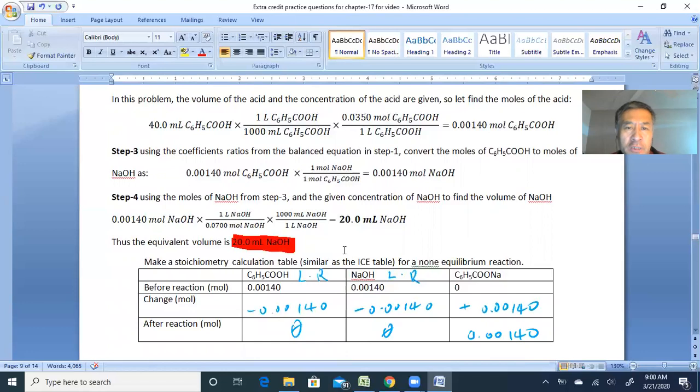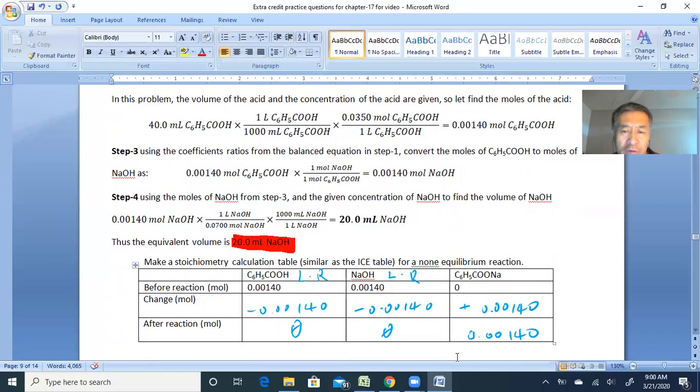Okay, so we use this table to see what we have at the equivalence point. At the equivalence point, we have the same moles of H plus and hydroxide, both 0.00140. We don't have the base produced yet before the reaction.